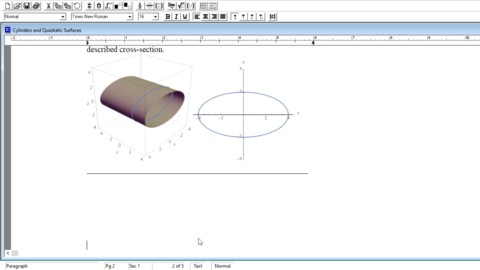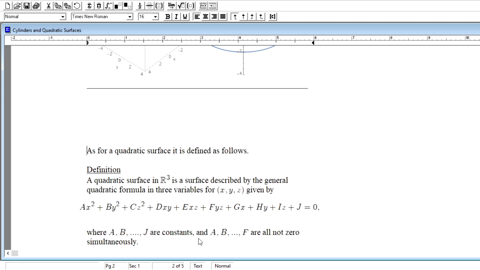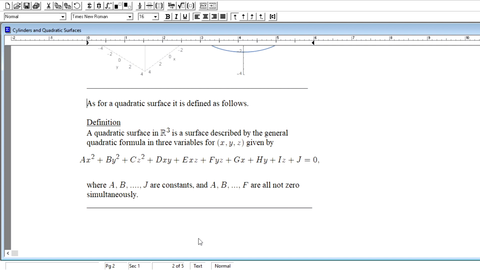Now, if we consider the case of a quadratic surface, it's defined as follows. And up to this point, this might be the most complex equational form you could obtain, involving three variables x, y, and z, where you very much see a bit of a quadratic behavior in your variable values.